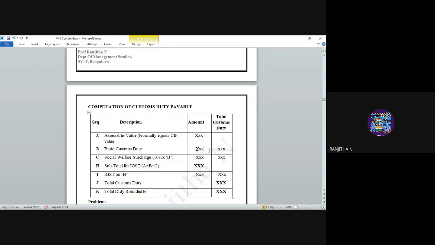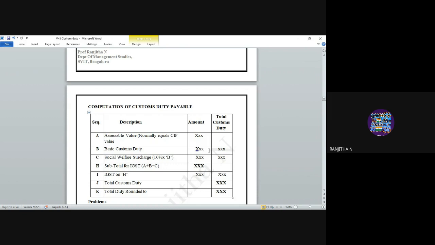If it is given in the question, normally you are going to take it. If it is not given, and there is no availability of the information, in such a case also we have to take 10% on the basic customs duty. For example, in my example, I told you that my basic customs duty is 5,000. On 5,000, we need to take 10%. That 10% is considered as the social welfare charges.